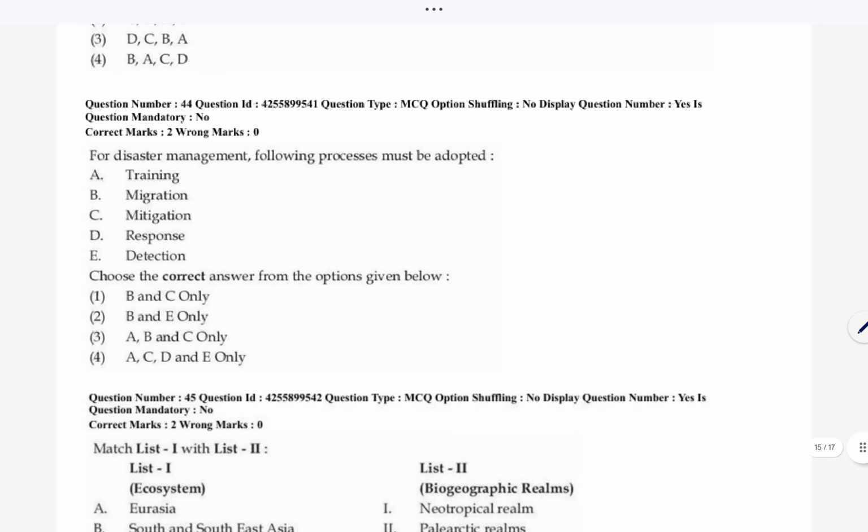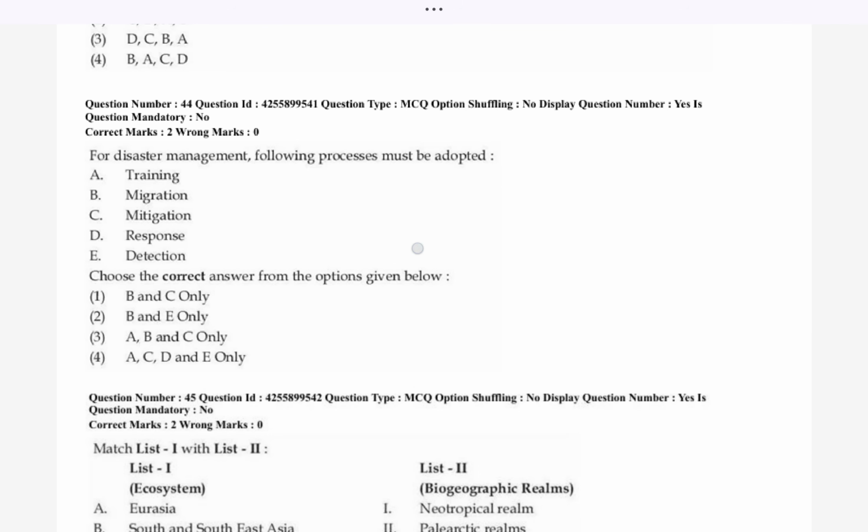Next, question number 44. For disaster management, the following process must be adopted. First is detection or early warning, E. Next, mitigation. Mitigation is trying to reduce the impact.